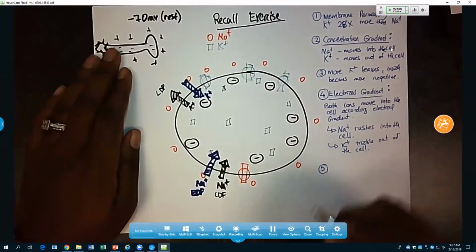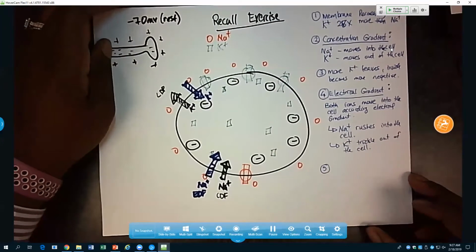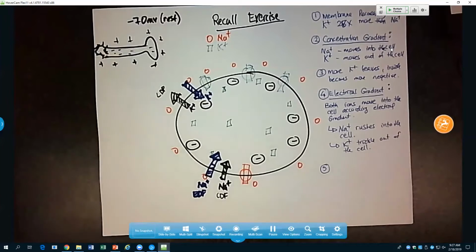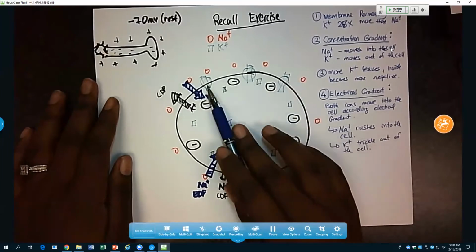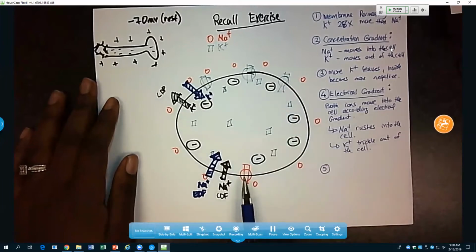And so the fifth step here, or the final part of establishing the resting membrane potential, is when both of these ions move according to their gradients, their electrochemical gradients, also bearing in mind the increased permeability for potassium versus sodium.